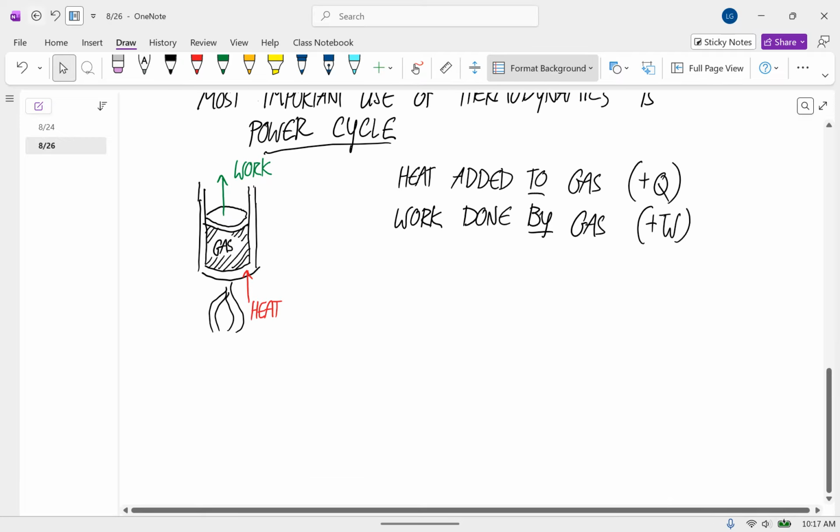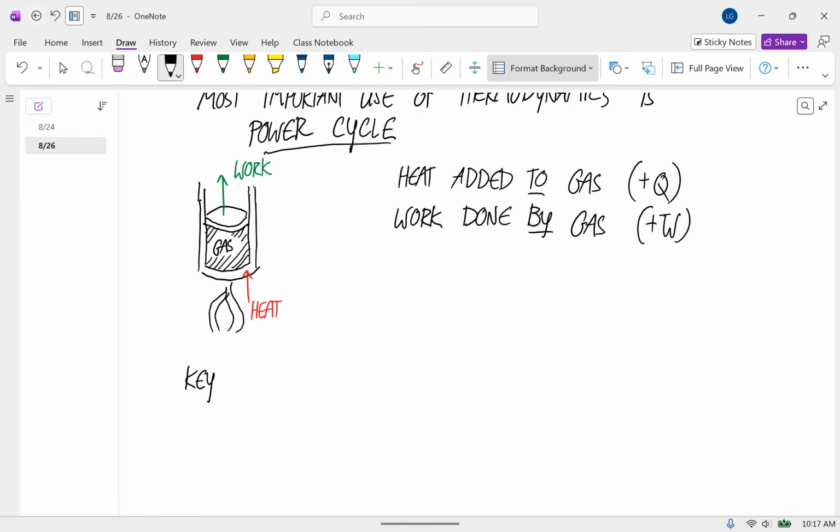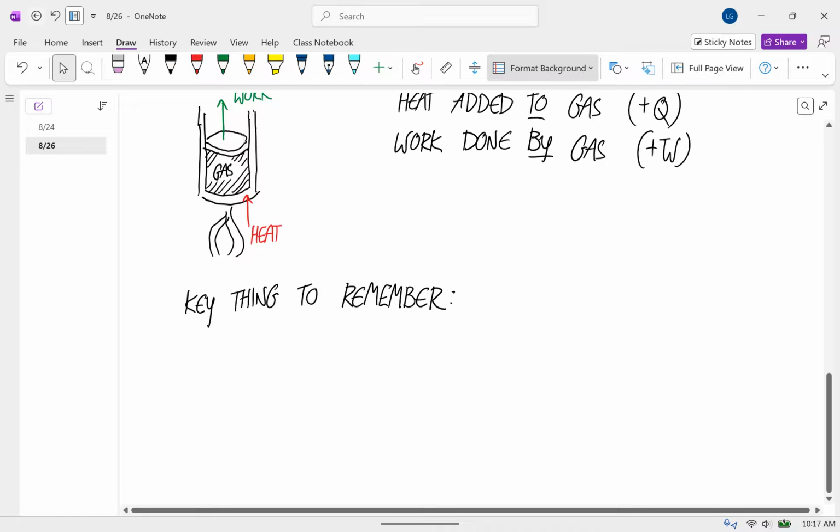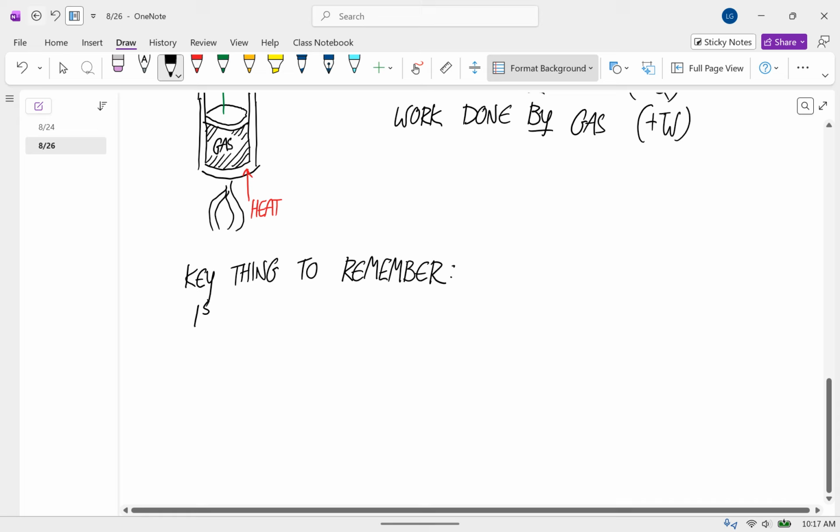In a power cycle, both of these two things are positive. So the key thing to remember here: the first law really says something simple.